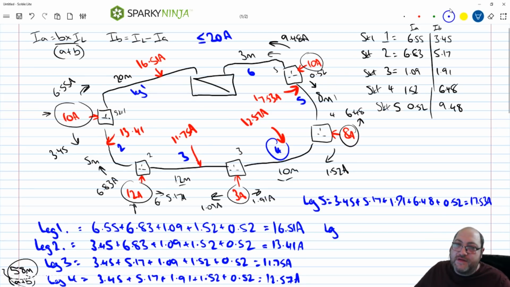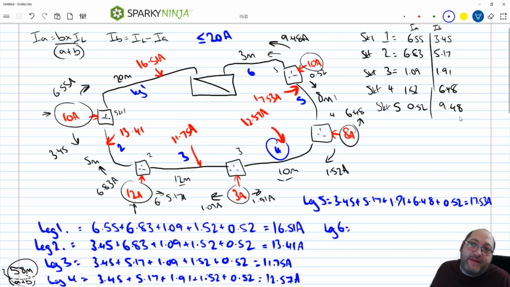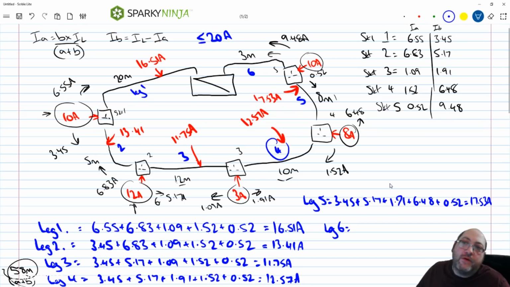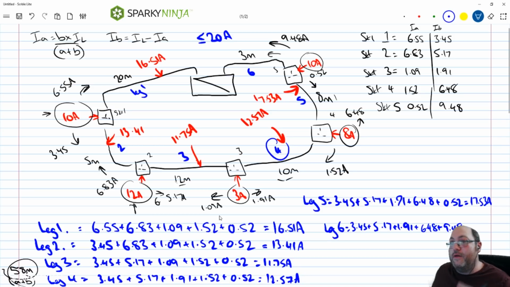Leg 6. Now leg 6 is this one, and that's pulling this IB now, as well as this IB, as well as this IB, and you can see I'm just going to add the IB column. That's all I'm going to do. I don't need the IAs. In no way is leg 6 subjected to any current going this way from any socket outlet. So let's add them together. So 3.45 plus 5.17 plus 1.91 plus 6.48 plus now 9.48.